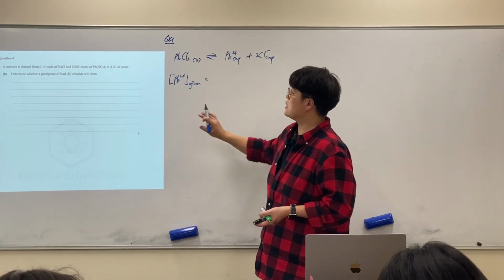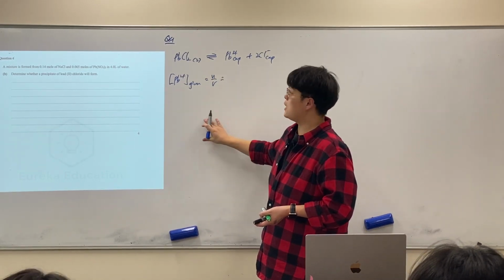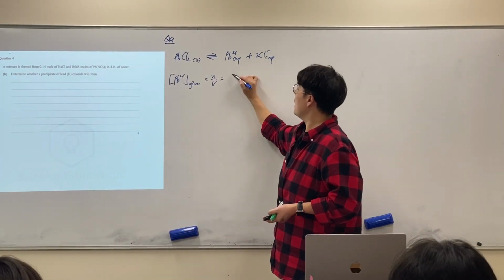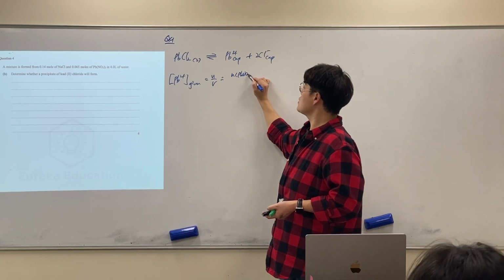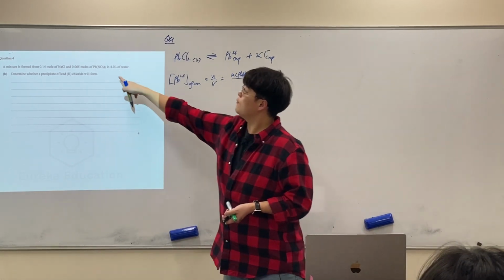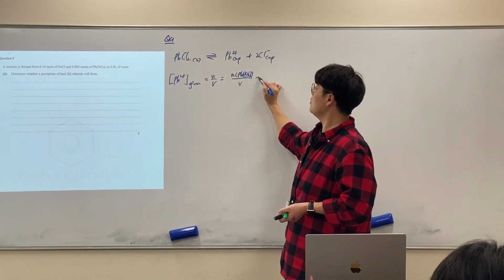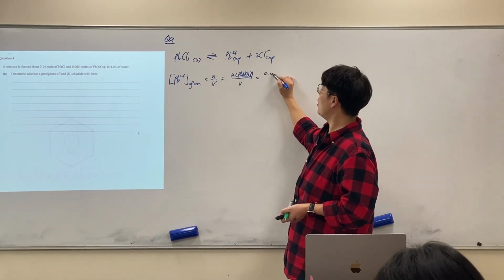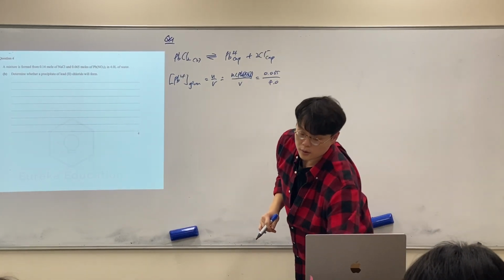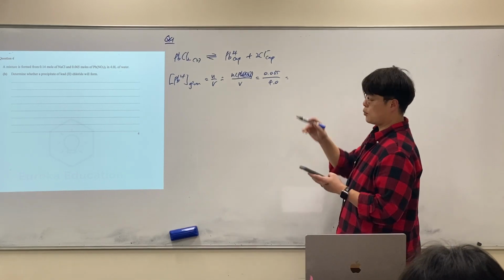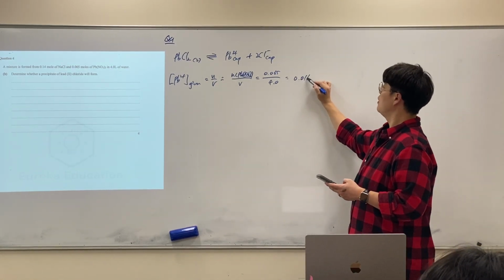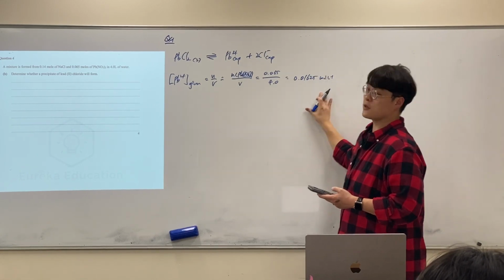How to find this? C equals n over V. The n for the lead is the same as the n of the lead nitrate. It's good to show this in your practice. So n divided by the volume: 0.065 divided by the 4 liters, which is 0.01625 mole per liter.